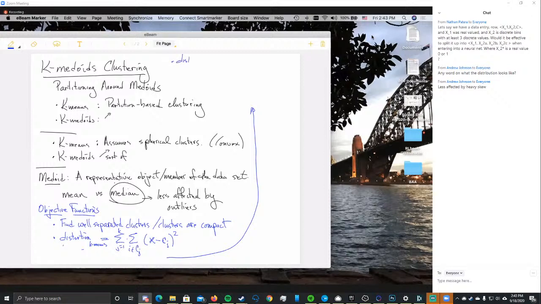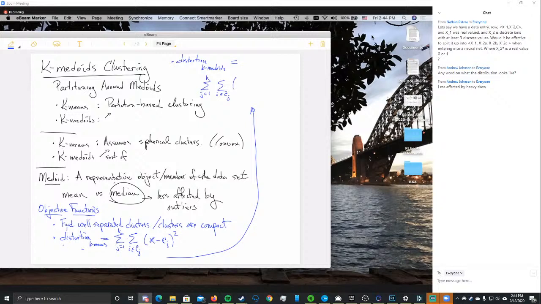So the distortion for k-medoids, we're going to sum again over the clusters, and sum over the points in the respective clusters, just like we did before.